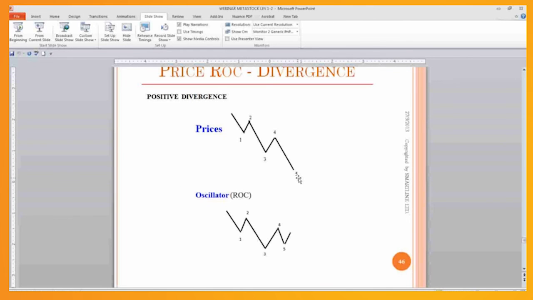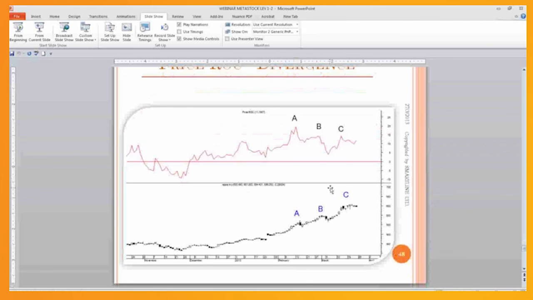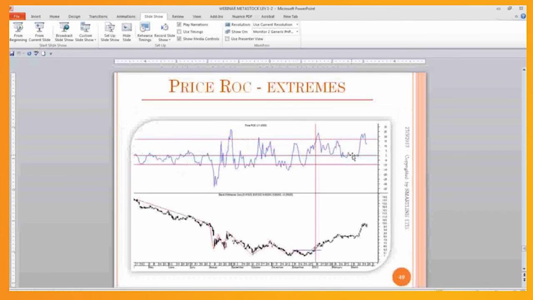And then the positive divergence: if the prices are going down and the oscillator fails to confirm this, it's a positive divergence. I'm telling you again that the divergences are very dangerous for short positions in this case. Why? Because we can continue to go higher and we still have divergences, unless you combine the divergences with the extremes of the ROC.